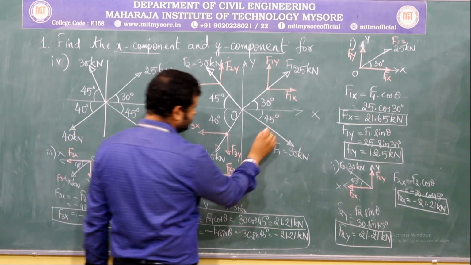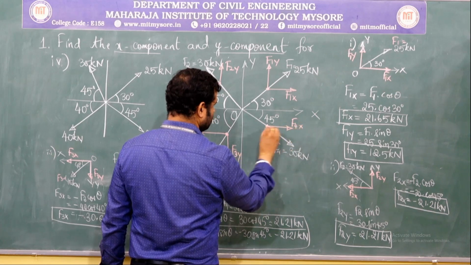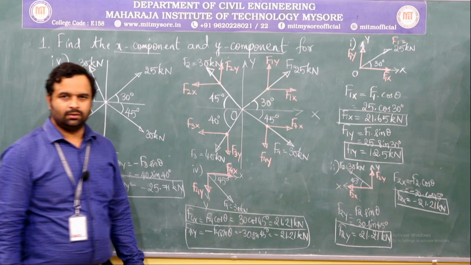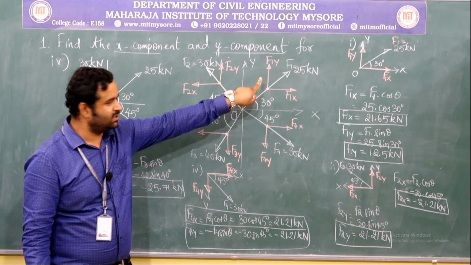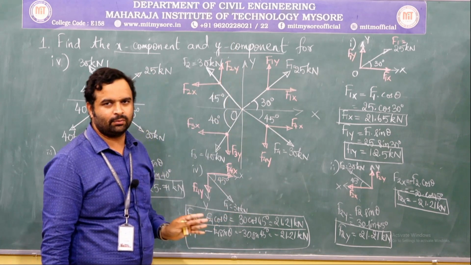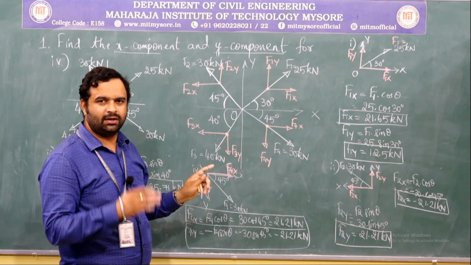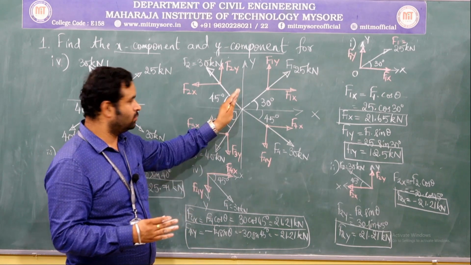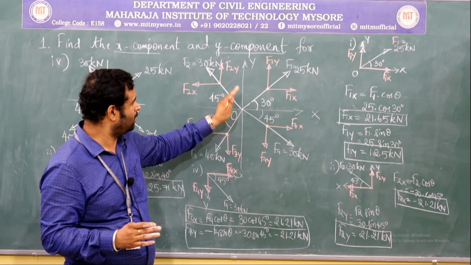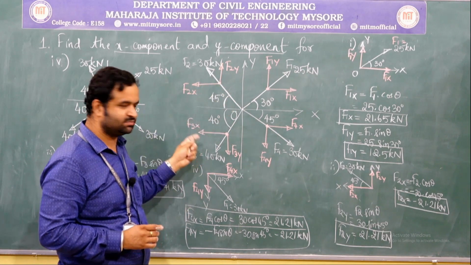Coming to the last force, this will be F4x, this will be F4y. Now look at the y components carefully. F2y and F1y will be coinciding one above the other. That's why, in order to eliminate that step and to make you understand how you can write the y component separately, I have drawn this particular figure.